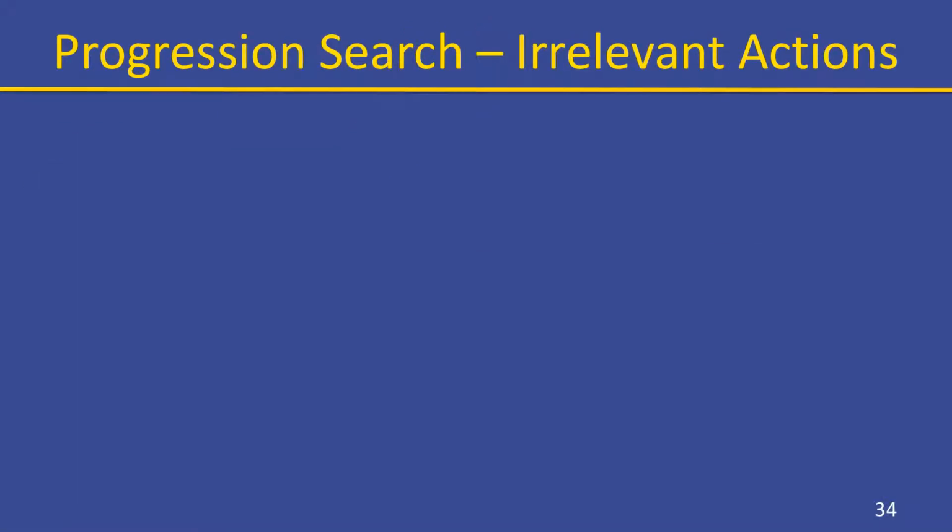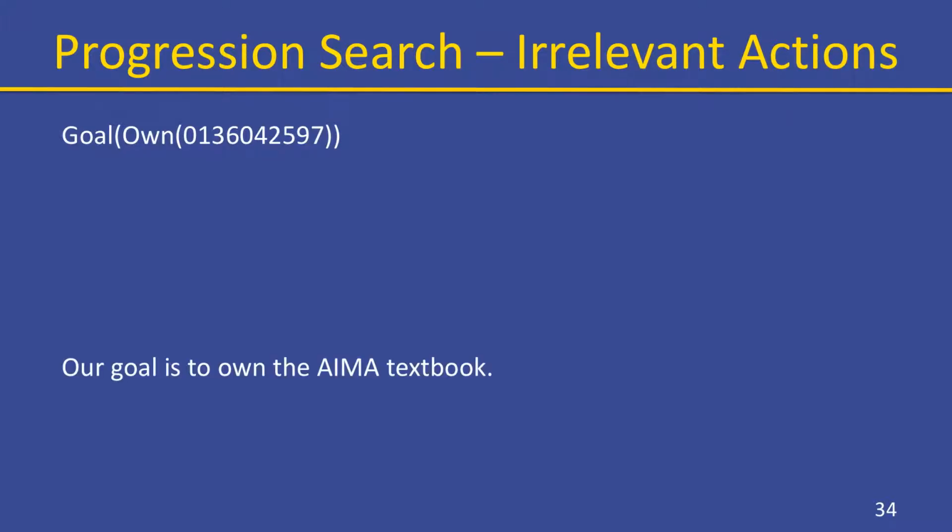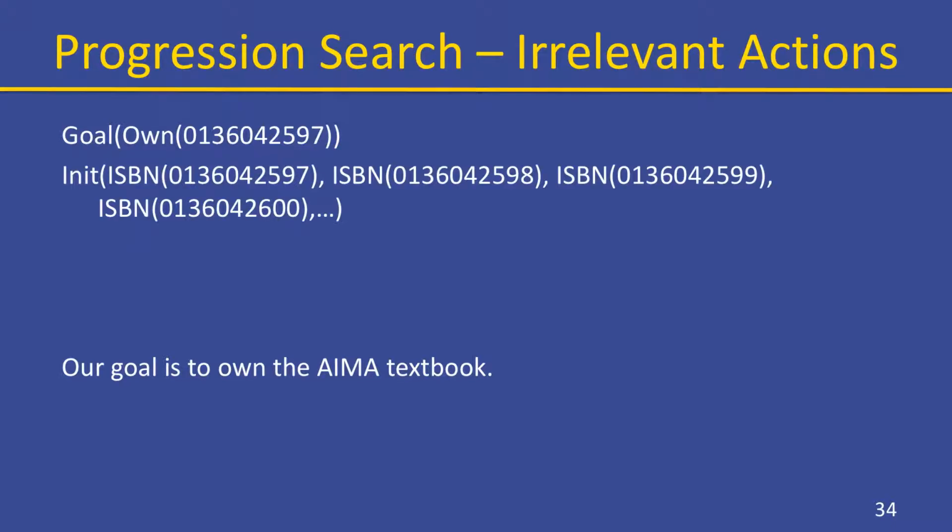Let's take a look at another example. Let's say that our goal is to own the AI textbook. So a textbook is identified by an ISBN number. And in our initial state, we have ISBN numbers for many textbooks that are available for sale.